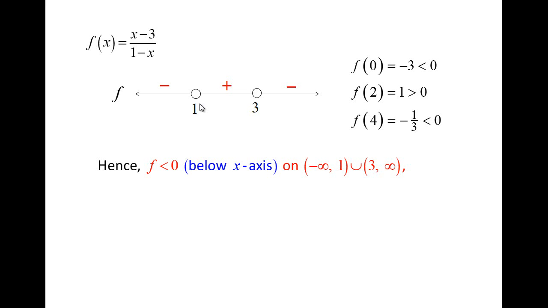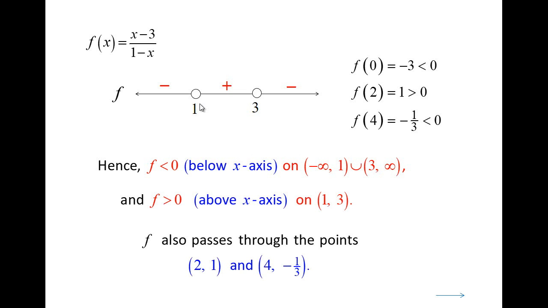So the graph of f would be below the x-axis on negative infinity to 1 and 3 to infinity, and it'll be above the x-axis when x is between 1 and 3. f also passes through the points (2, 1) and (4, negative 1/3). So f of 2 is 1, so f passes through the point (2, 1). f of 4 is negative 1/3, so f passes through the point (4, negative 1/3). These are some additional points that we can plot.